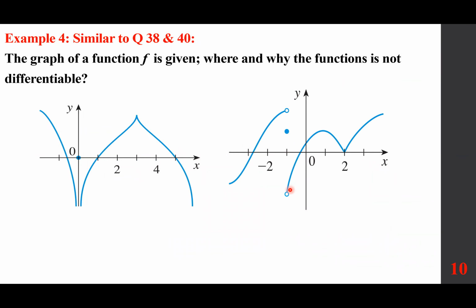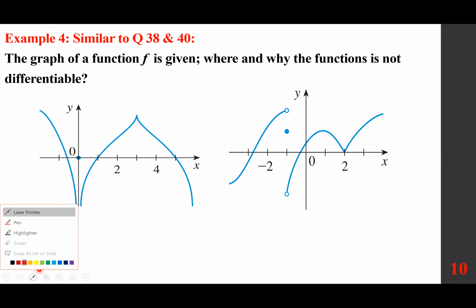Here's a simple example. I don't think anybody's going to have any problem figuring out what's going on. We want to see where the function fails to be differentiable. If you look at the first graph, clearly at x equals 0, we have a discontinuity. So that's very straightforward.